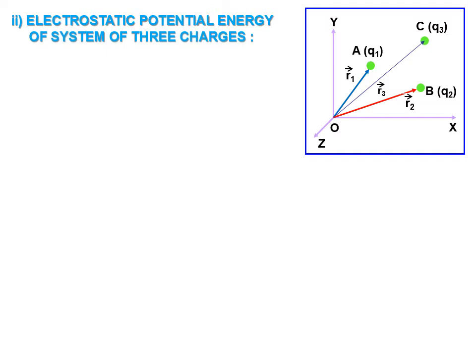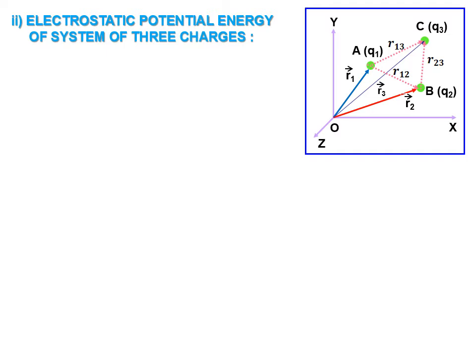Now AB is the distance between 1 and 2, BC is the distance between 2 and 3, and AC represents the distance between Q1 and Q3. We can write AB as R12, BC as R23 and AC as R13.